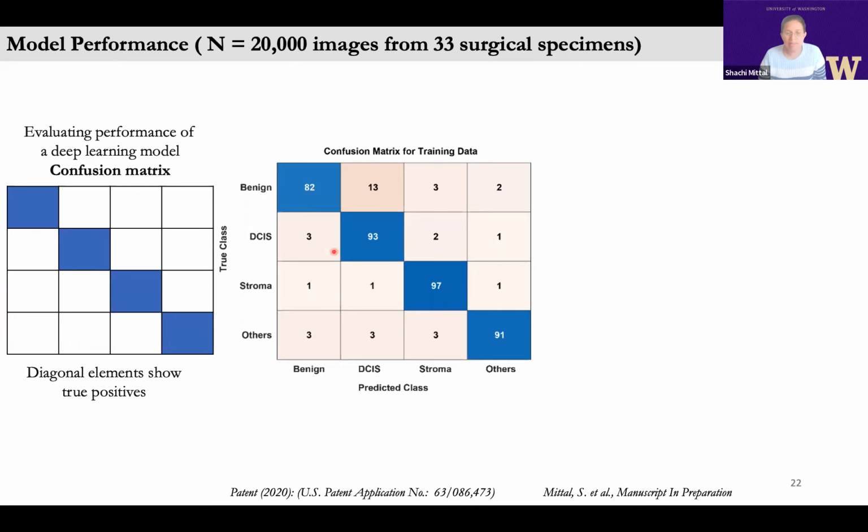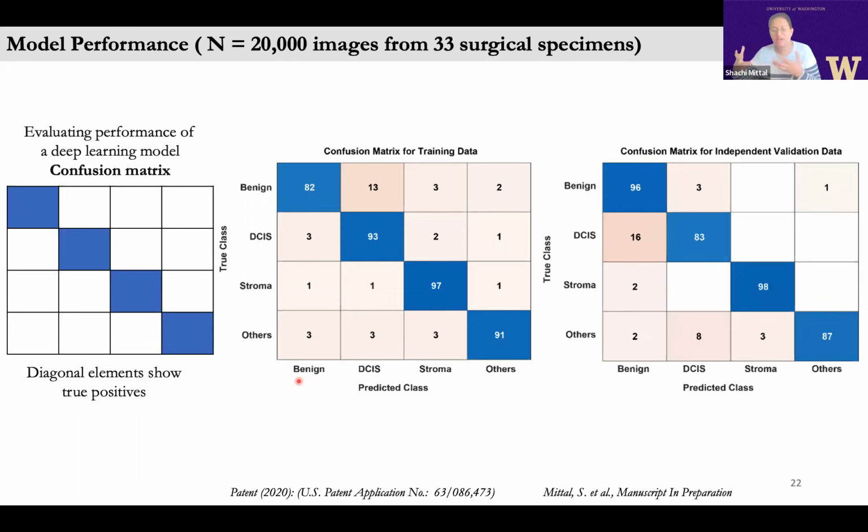So let's look at this number 3% so that we all are comfortable reading a confusion matrix. This says that 3% of the cases that were actually early stage cancer were confused as benign by the model. So this is how we read a confusion matrix. And we had an exact similar distribution for our independent validation data.